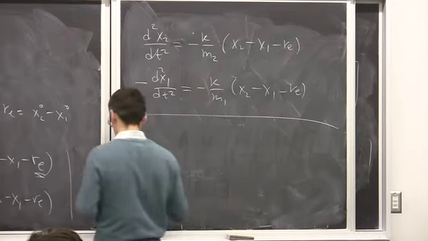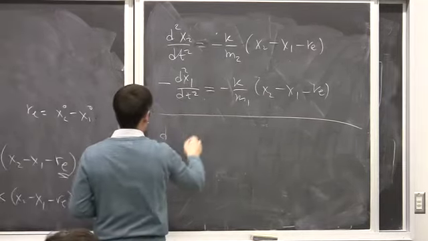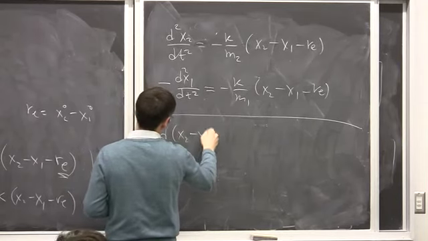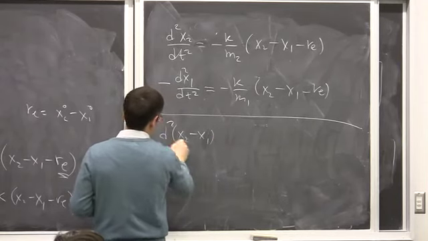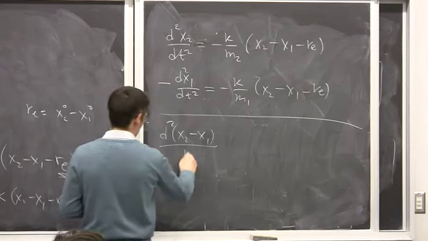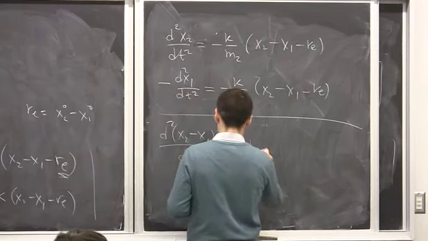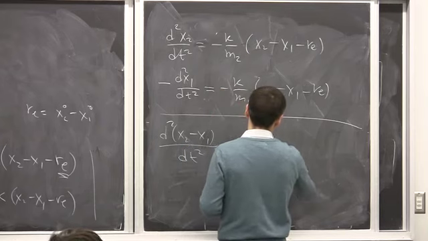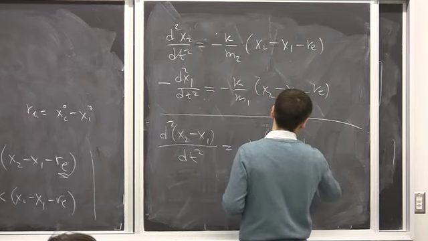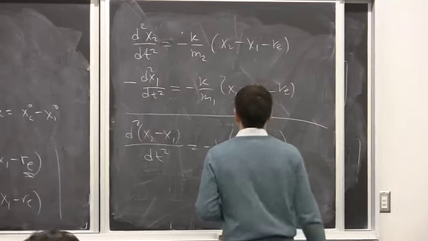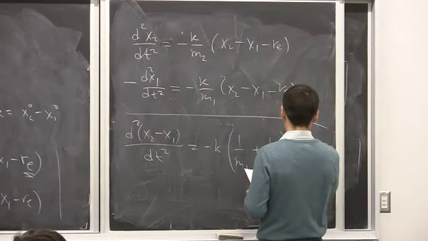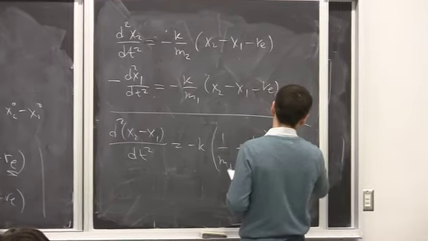And then we can combine the two because the derivative is linear operation, and inverse masses, x2 minus x1.